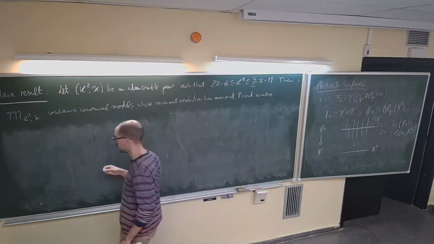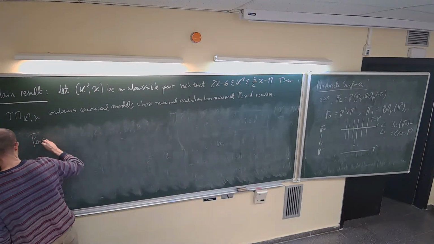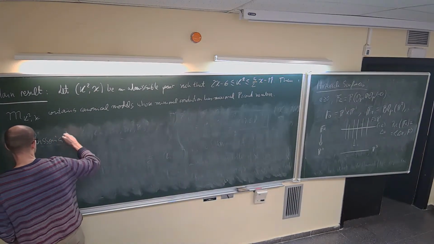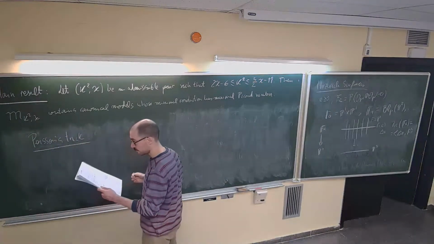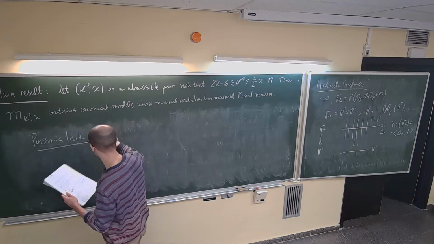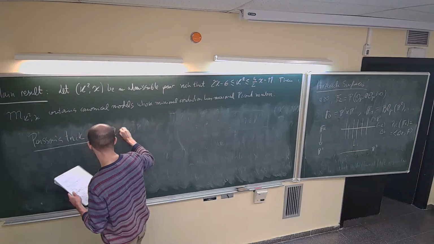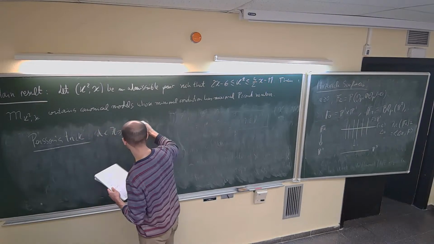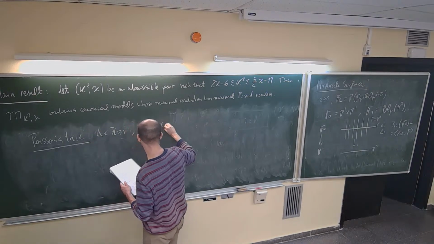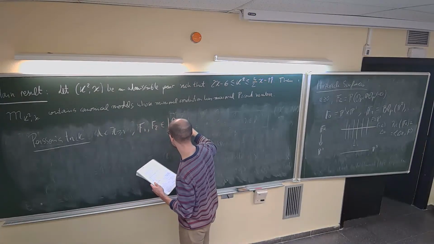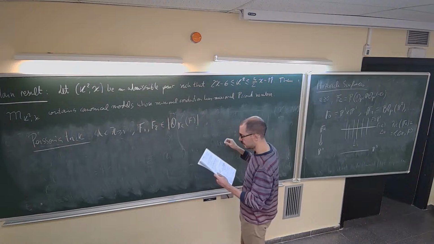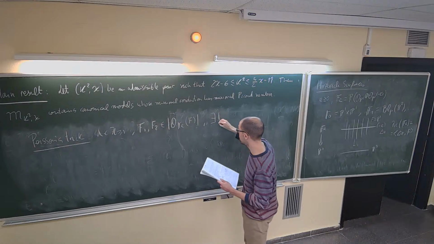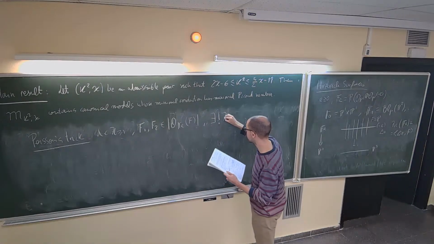What Persson's trick says is that if we have an integer and two fibers of a Hirzebruch surface, then there exists a unique cyclic cover.